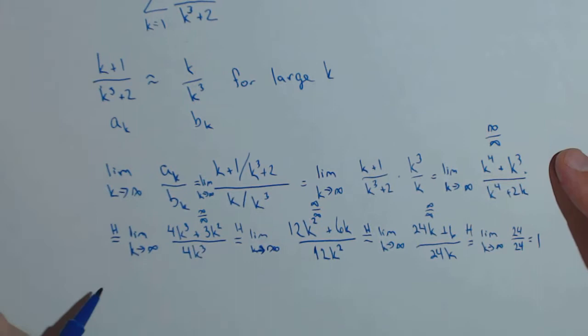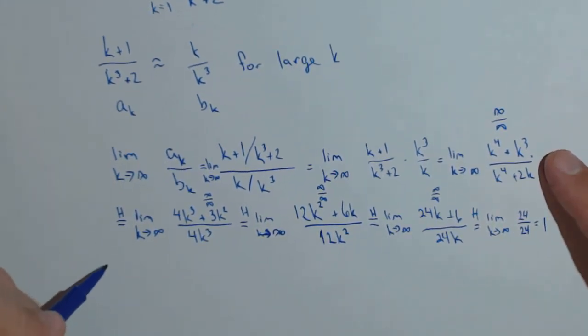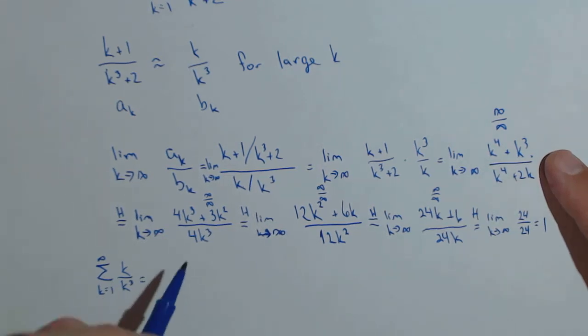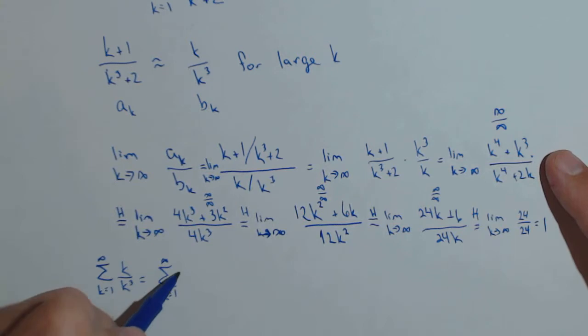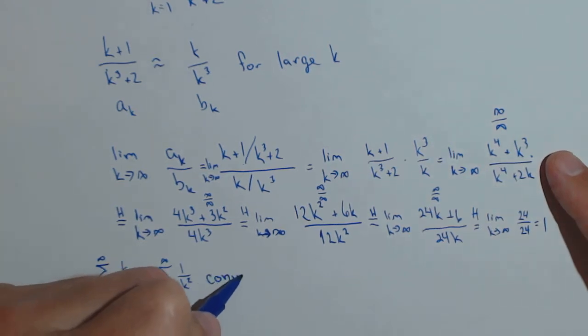Now let's see how we can use this fact for our purposes. Let's think about what we know about this series, k over k cubed. That can be reduced down to 1 over k squared. We know this is a p-series with p greater than 1, so this converges.